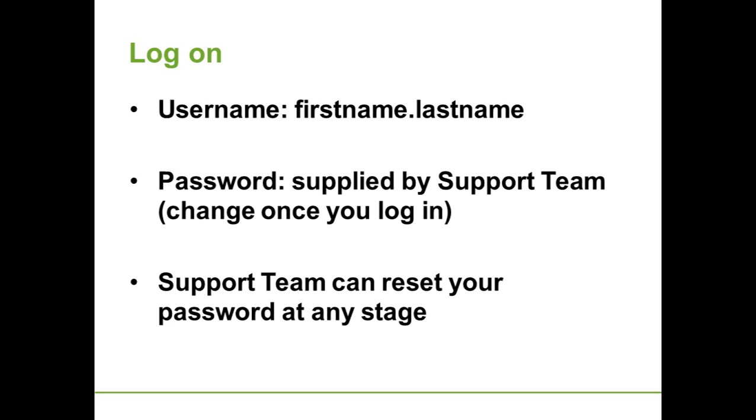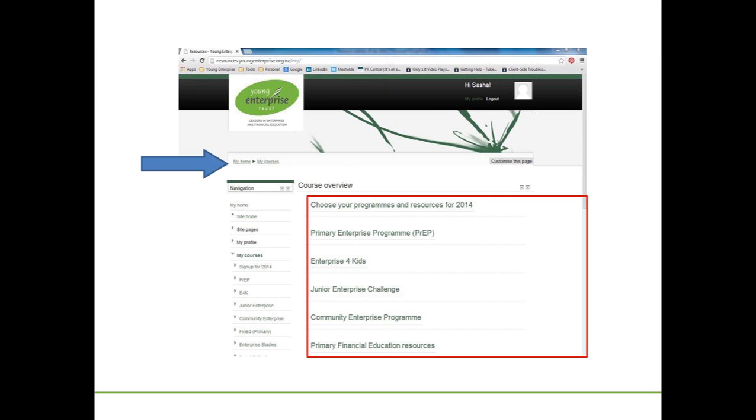On our next slide, you'll see that we have a personal home page. Always is in the top left hand corner, just under the Young Enterprise logo, and the resources that you have access to are shown in the main body. And all you need to do is see the red box on screen, check out any of the resources by just clicking on the link.